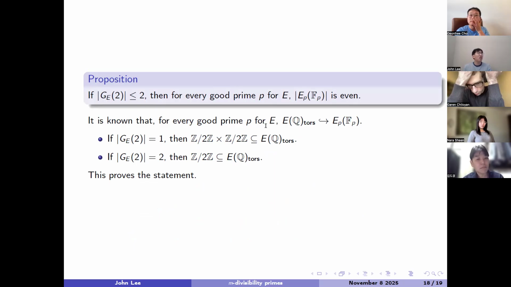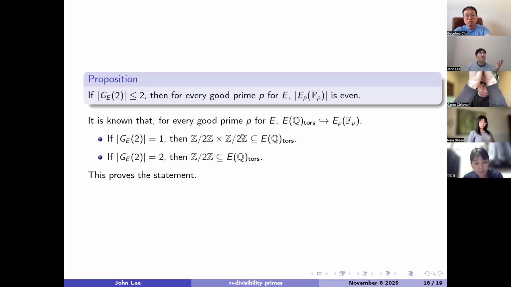In fact, it relies upon a relatively simple fact, that is, the rational torsion subgroup E(Q)_tors sits inside E(F_p). So there is some injective group homomorphism you can define from this into this. If G_2 is 1, it has only 1 element, we showed that all the 2-torsion points should be rational. And 2-torsion points form the group Z/2Z times Z/2Z, and all of those are rational.